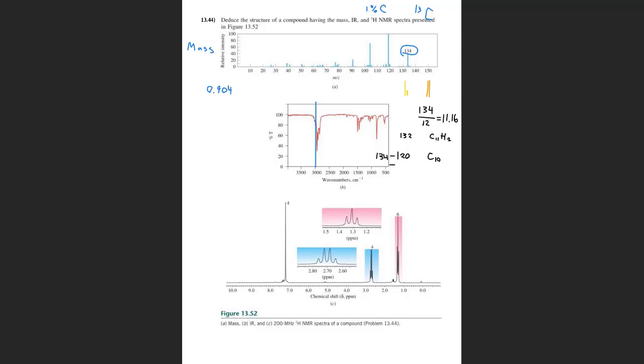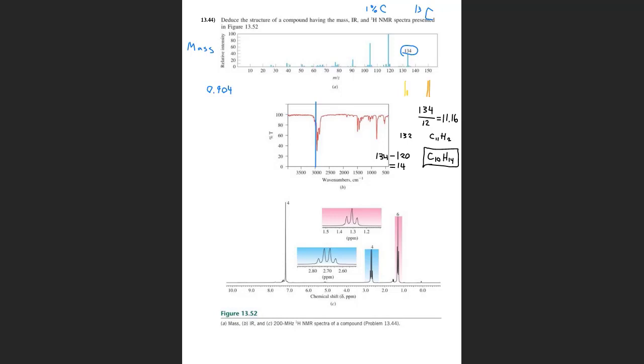Since hydrogens only weigh 1, that means I'd have 14 hydrogens. And that seems appropriate to what the HNMR is showing me below, because it says I have 4, 4, and 6. That's a total of 14 hydrogens. Okay, so now I'm good. This actually does match what I have in the HNMR here.